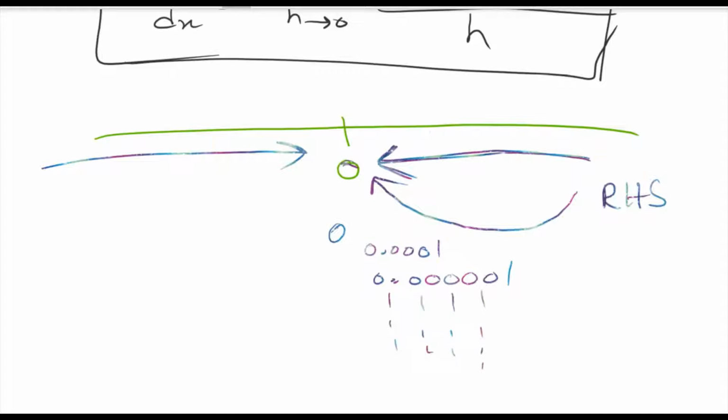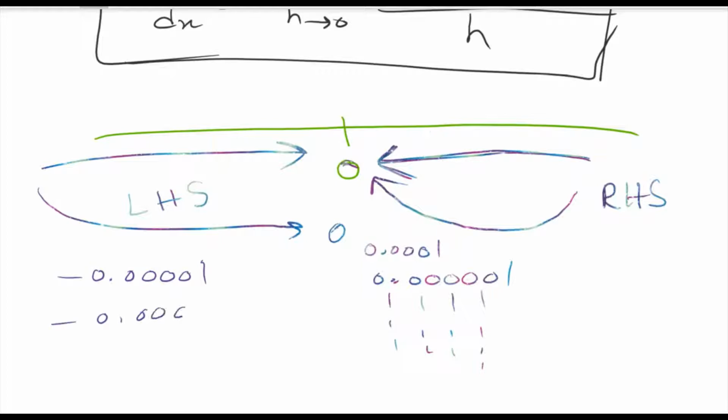Similarly, if I approach from the left hand side, I need to apply the left hand limit. I can get values like minus 0.00001, minus 0.000001, and so on.